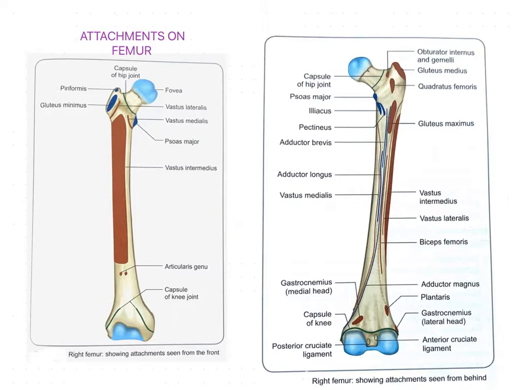Now we will see the upper end of the femur, both the anterior aspect as well as the posterior aspect. The upper end has the head, neck, greater trochanter and lesser trochanter.